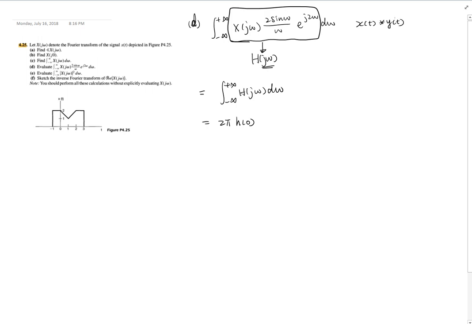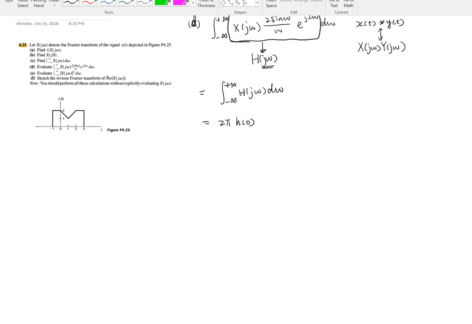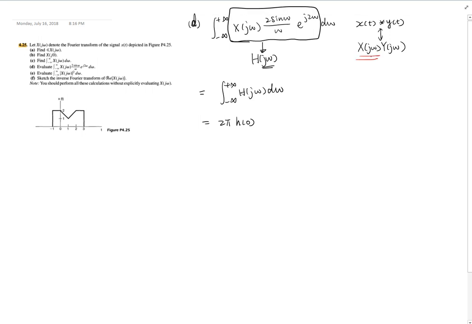When you do the convolution of x(t) and y(t), you're actually doing the multiplication in the frequency domain. Isn't that looking familiar? X(jω) times Y(jω). Then this will be our new Y(jω).